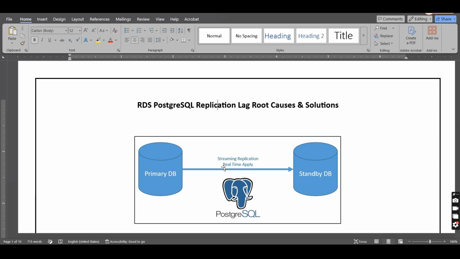As you might be aware, replication is the process where you replicate the data from your primary DB instance to the secondary one in order to make the system available. Why we need replication and what the advantages of replication are, we are going to discuss in this video.